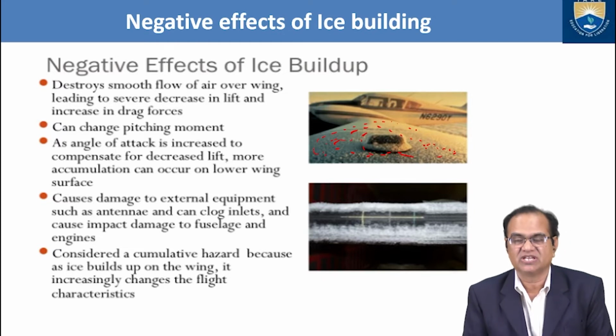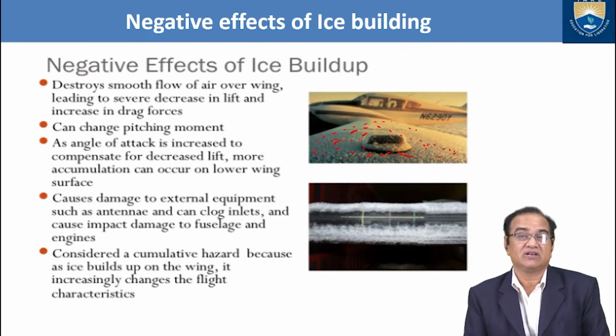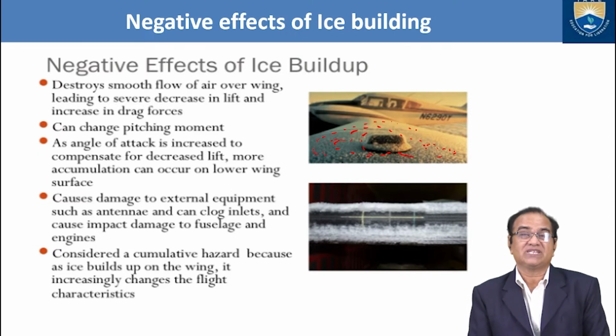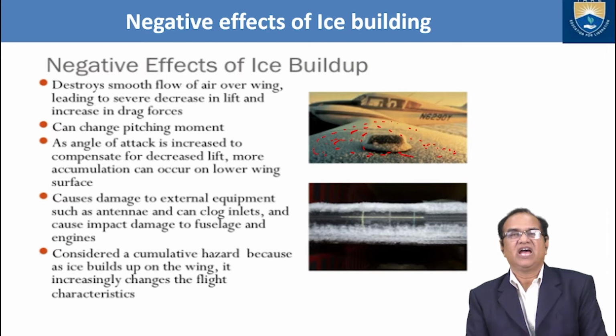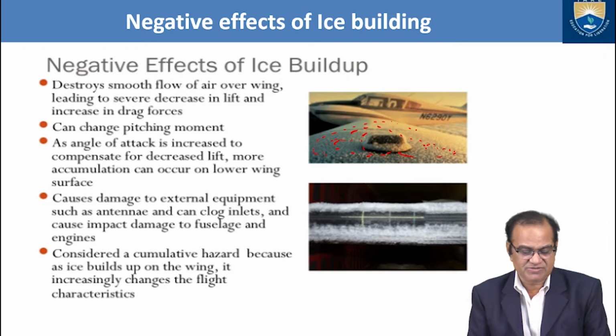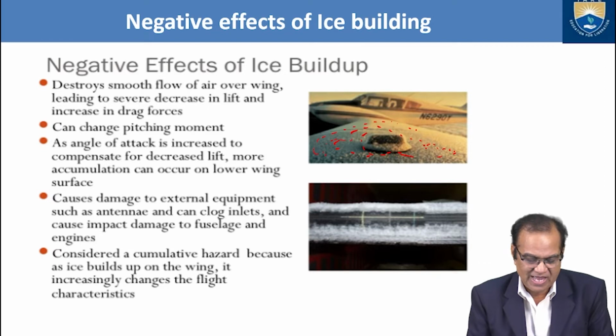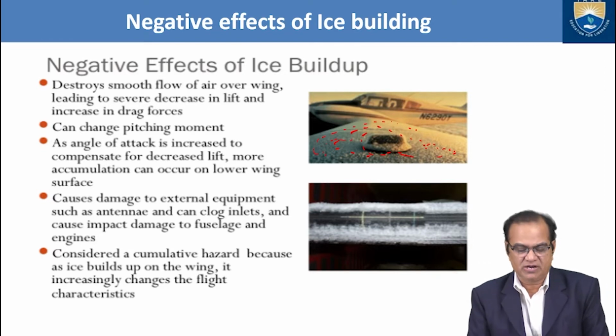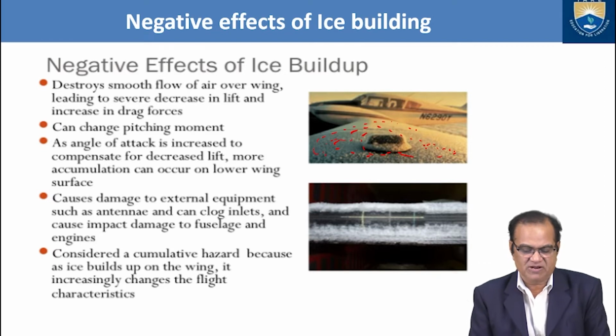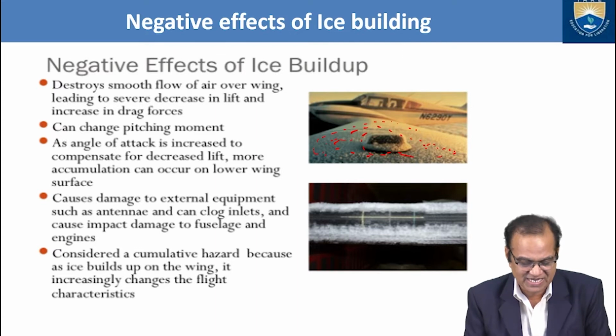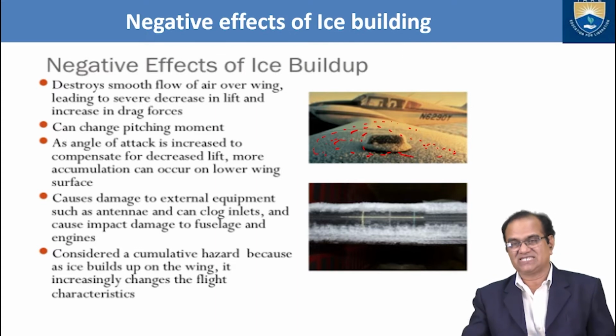It can also clog your measuring equipment like the pitot tube and your angle of attack indicator, and these air data systems can also be clogged. Considering it a cumulative hazard, because as ice builds up on the wing, it increasingly changes the flight characteristics.